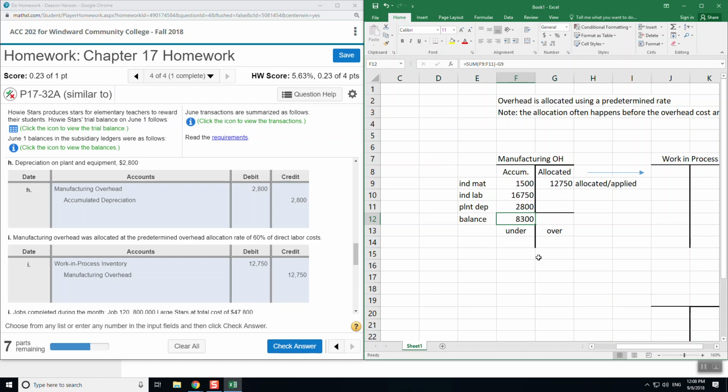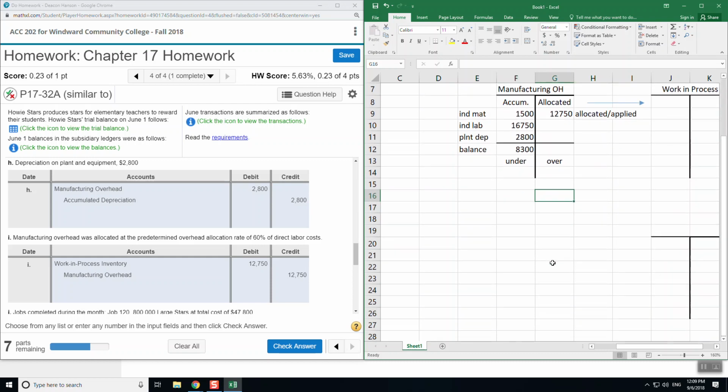You know, make sure they're not going into the red, right? So that's why we're going to allocate prior to accumulating.